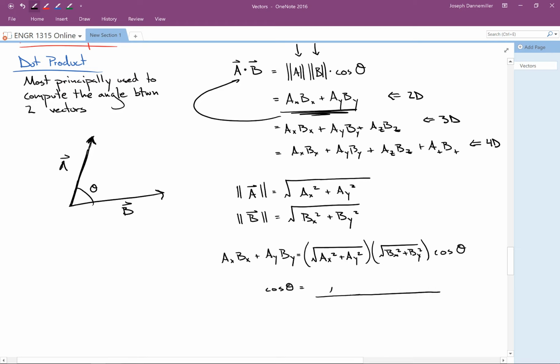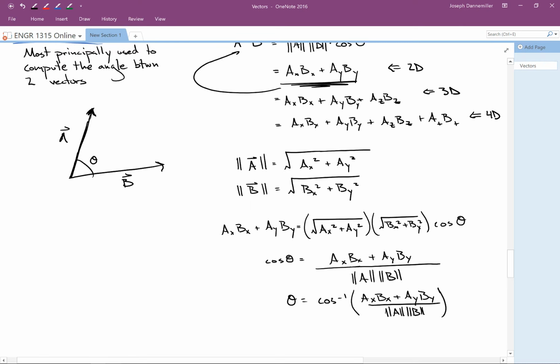We're going to call that the magnitude of A. So here I have ax bx plus ay by over the magnitude of A times the magnitude of B. And then we have that theta equals the inverse cosine of that entire thing, ax bx plus ay by, all over the magnitude of A times the magnitude of B. There we go. That's how we compute theta.